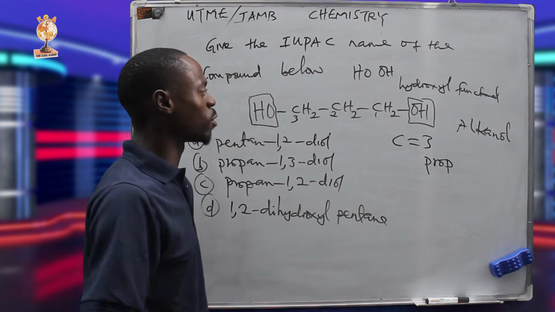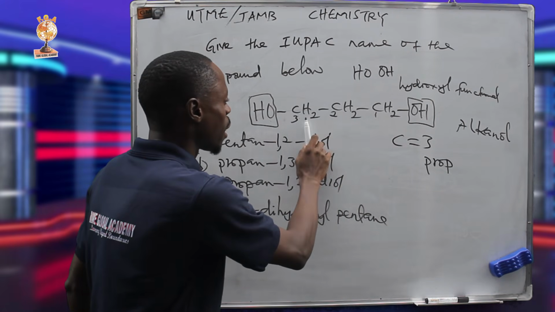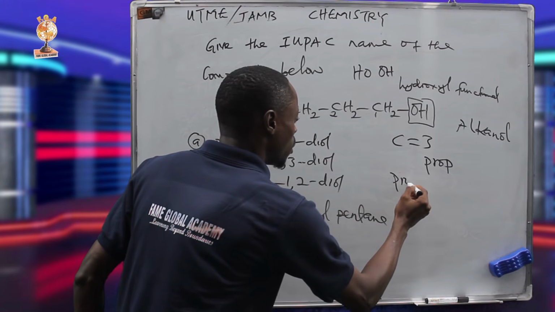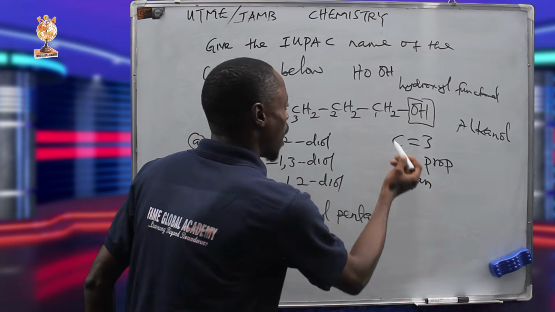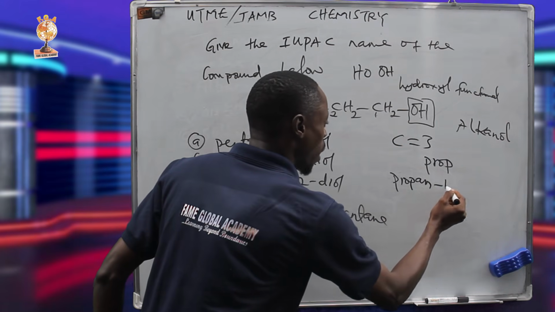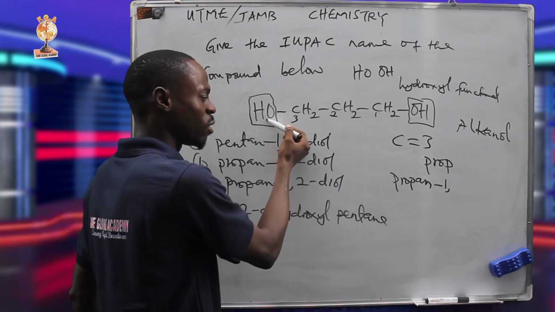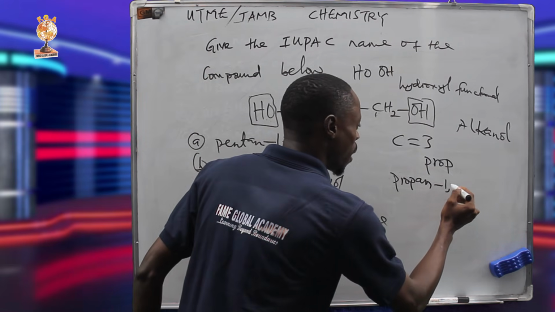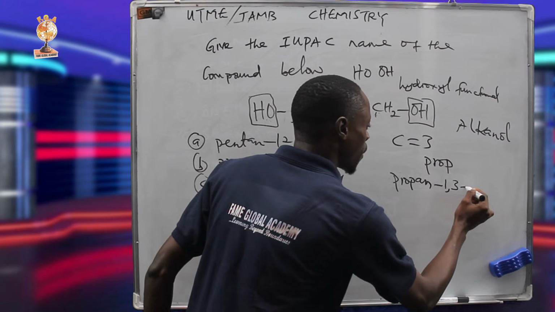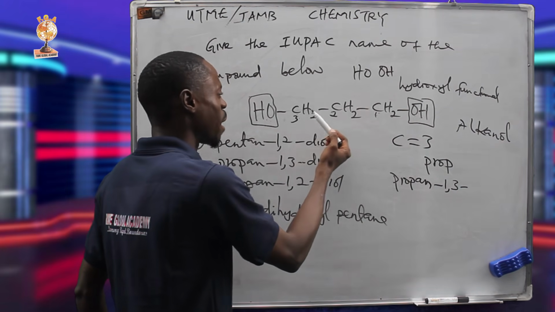So how do we go about naming this structure? This is 1, 2, 3. You cannot name it as propan. At carbon atom 1, there is a hydroxy group, so we now say propan-1. Then at carbon atom 3, there's another hydroxy group. We call it propan-1,3, because the hydroxy group appeared twice, at carbon atom 1 and at carbon atom 3.